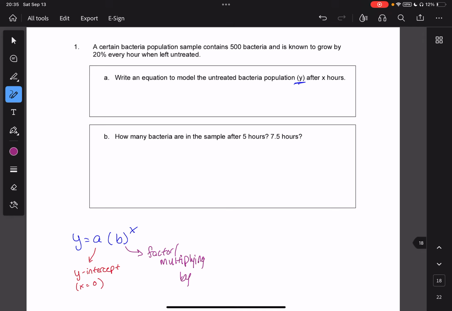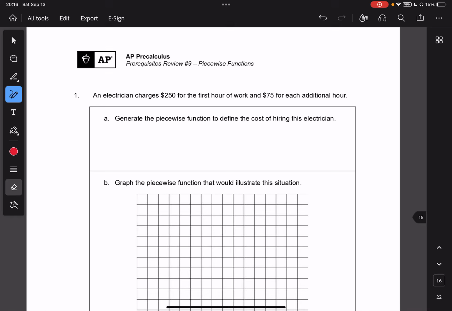Remember, our bacteria sample contains 500 bacteria and is known to grow by 20% every hour when left untreated. So that means that the initial, or our y-intercept, is 500. And remember, I said our y-intercept is A. So A is 500.